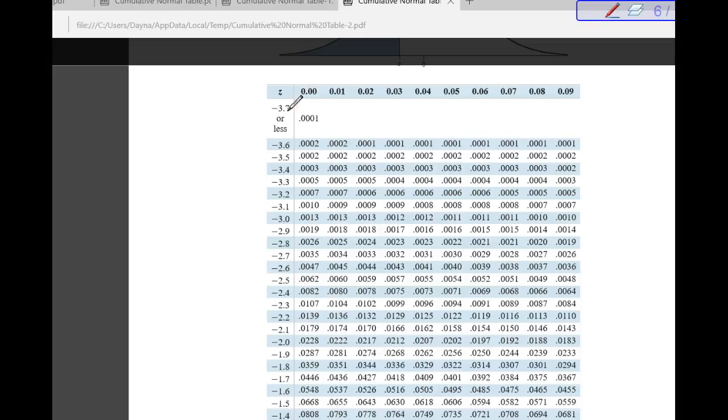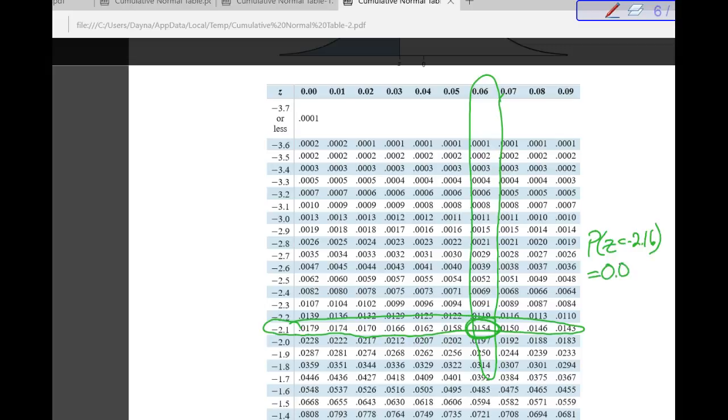So I'm going to come to the negative z's, 2.1 and 6. And so it's going to be 0.0154. So the probability that z is less than negative 2.16 is equal to 0.0154.